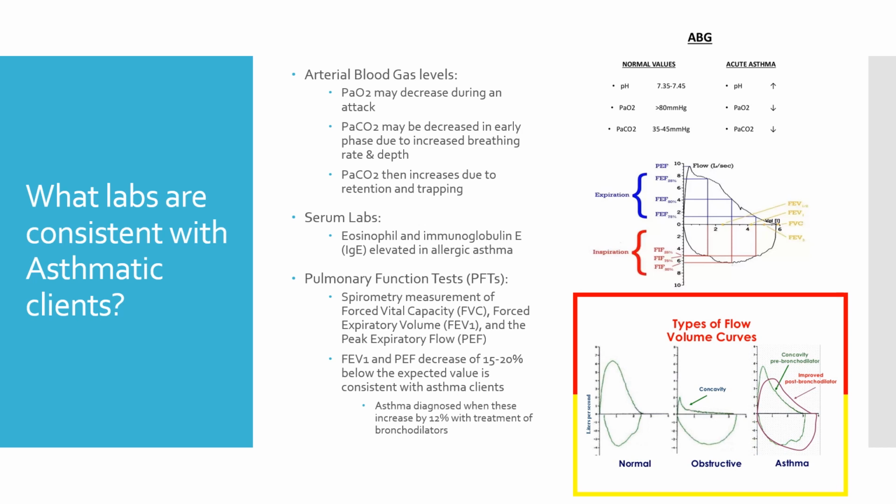So asthma is usually diagnosed as a result of this, because there's a 12% increase with treatment of bronchodilators. This means that they had a PFT performed as their baseline, and then they received treatment of a bronchodilator in order to open up that airway, right?